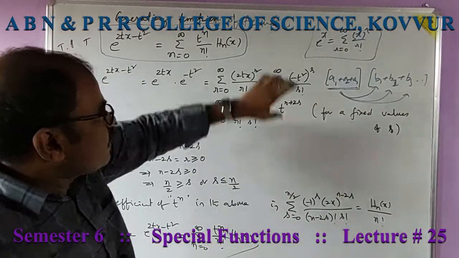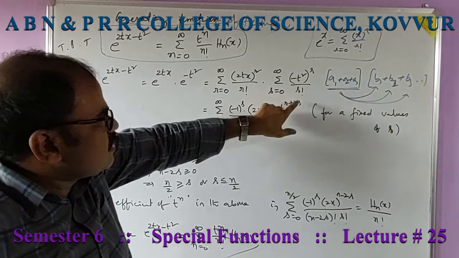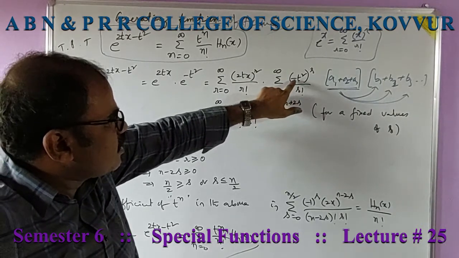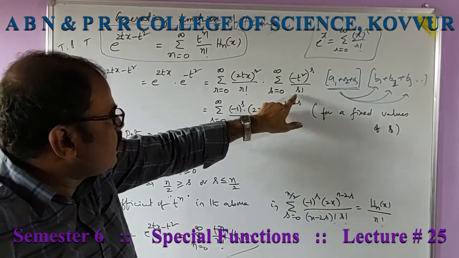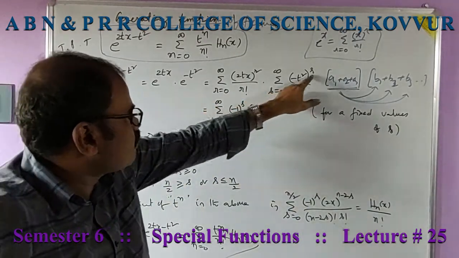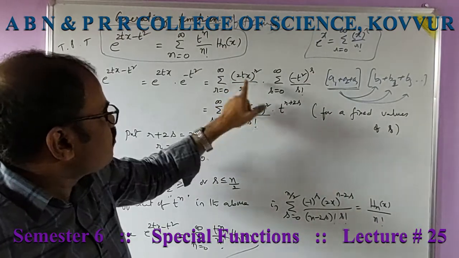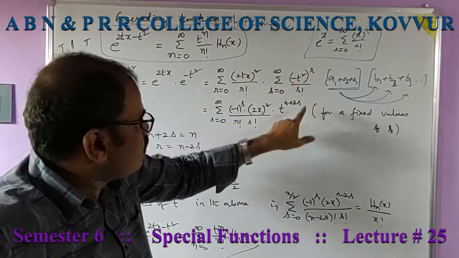So in this second summation, for a fixed value of s, that is the general value (−t²) power s by s factorial, this is sigma r equals 0 to infinity (−1) power s, here (2x) power r, t to the power of r plus t power 2s.